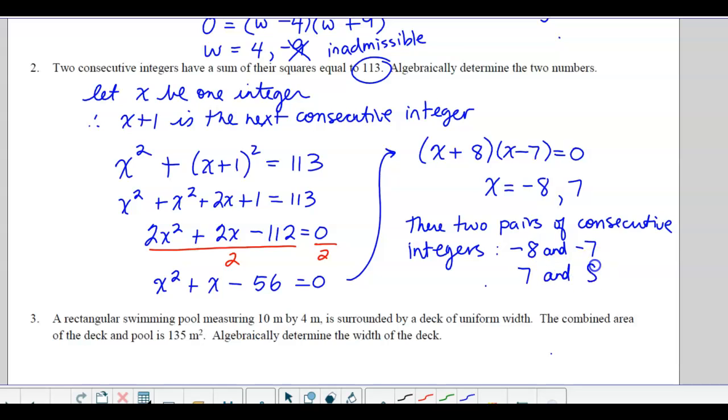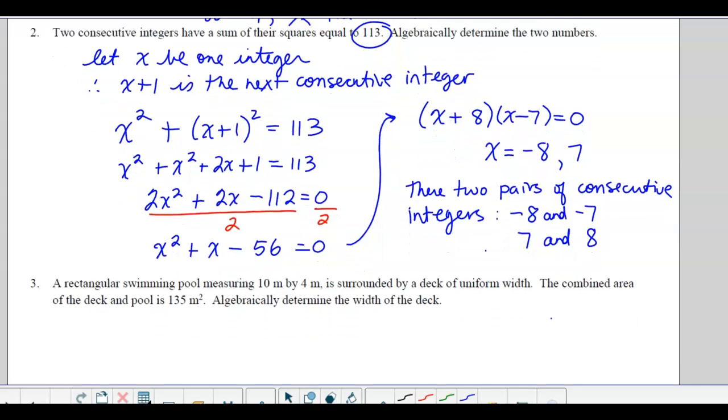Go back to your let statement and substitute them back in. So we have our let statement, we have our equation, we show our work, we get our solutions for x in this case, and then our statement answer that summarizes all that you are asked to do.